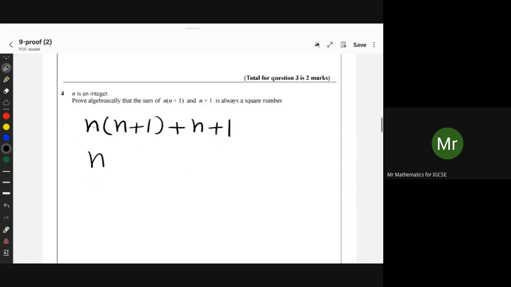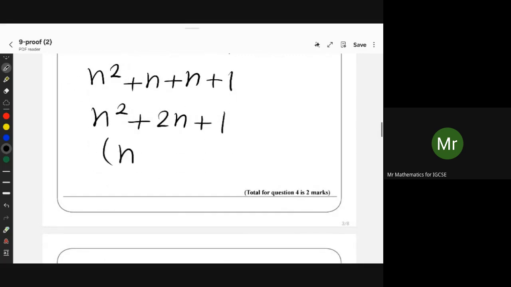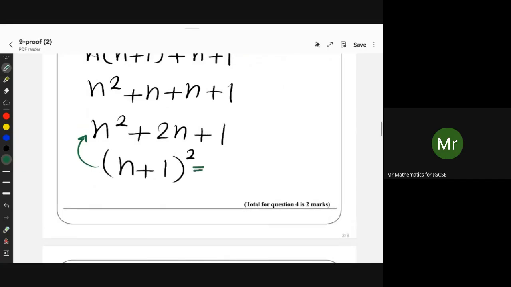So we had n squared plus n plus n plus 1, which can be written as n squared plus 2n plus 1. So it can be written as n plus 1 squared. If we expand this bracket, we get n squared plus 2n plus 1. So here is a square number.